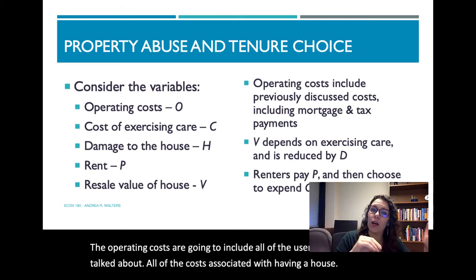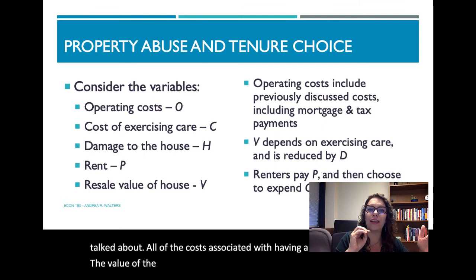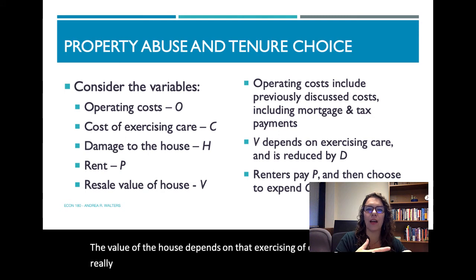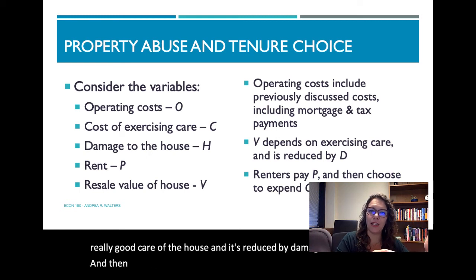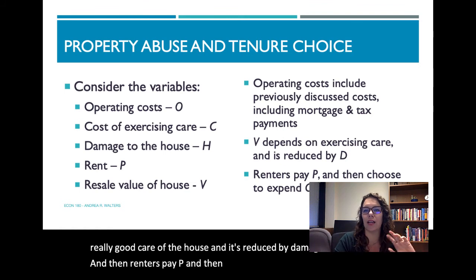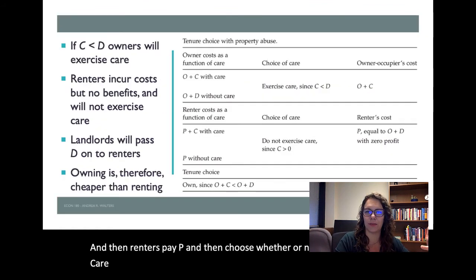The value of the house depends on that exercising of care, right? Taking really good care of the house. And it's reduced by damage to the house. And then renters pay P and then choose whether or not to exercise care and spend that extra C.